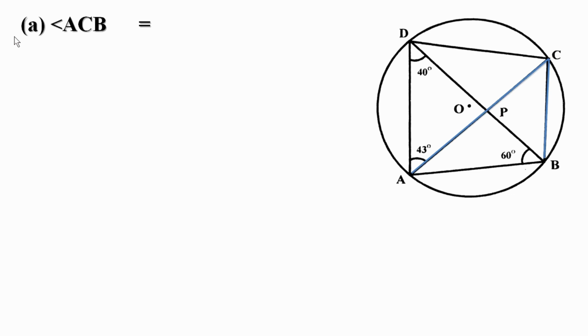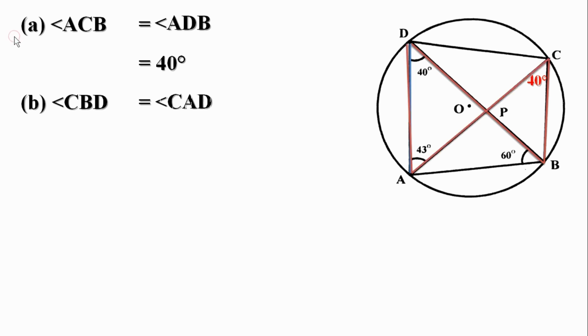Angle ACB and angle ADB are in the same arc, so they are equal. Therefore, angle ACB equal to 40 degree. Now let us find angle CBD. Look at the figure. Angle CBD and angle CAD are equal.